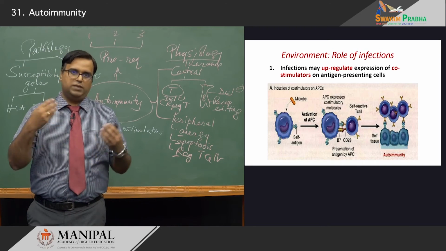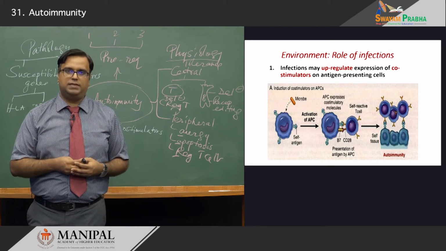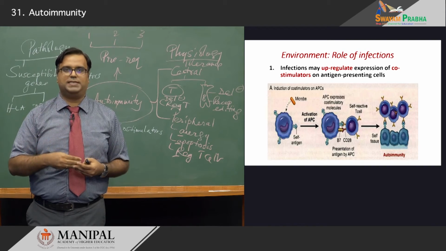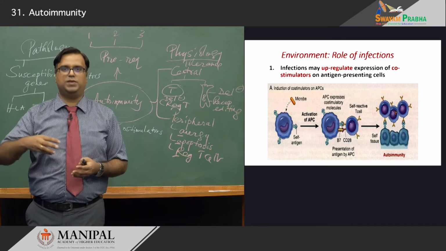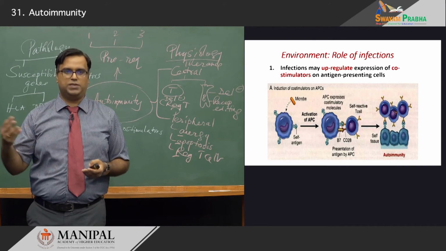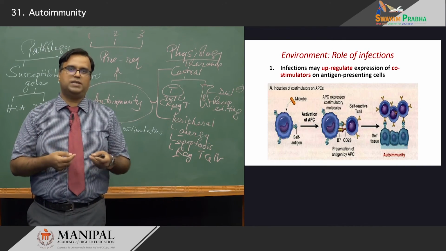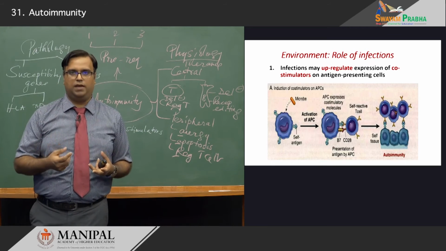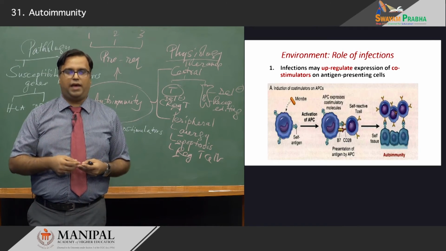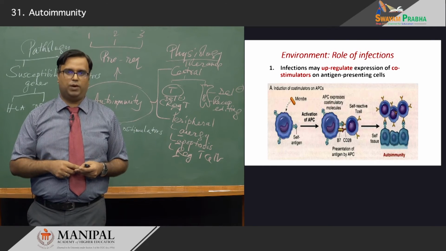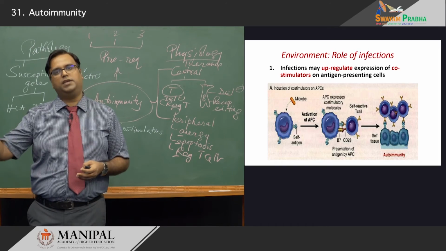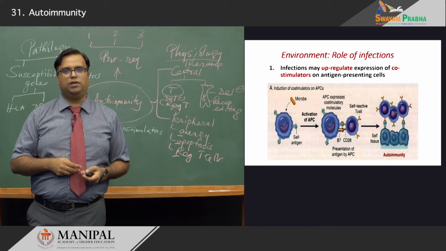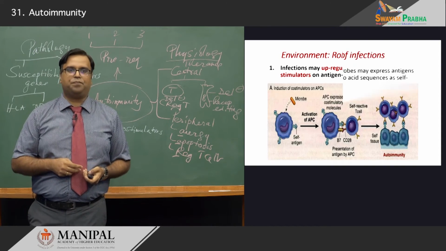Because there is a preferential upregulation of these, they bind with CD28 more preferentially, resulting in the activation of the T cells, which produce a host of cytokines, and so on. Usually the trigger, as you can see on your screen, is a microbial organism which activates your T cells, and there is upregulation of these B7 molecules, resulting in activation of CD28, and then immune tolerance is broken down.